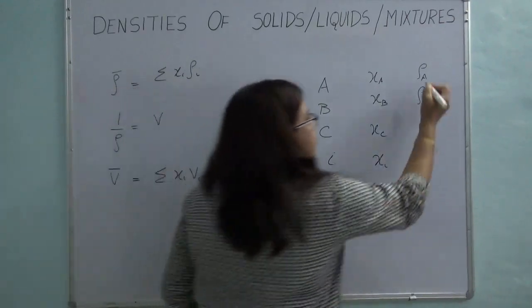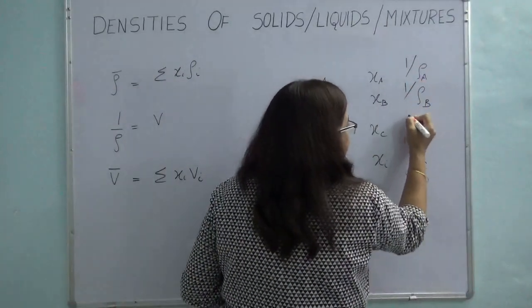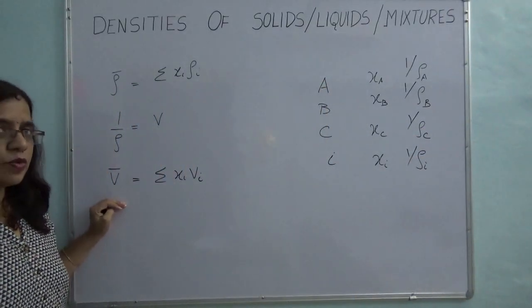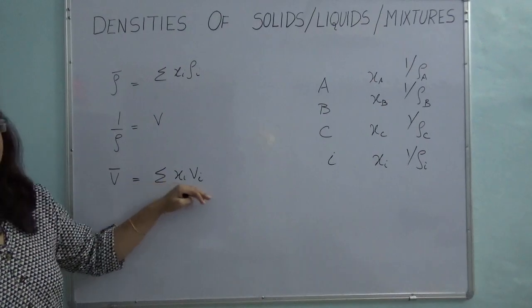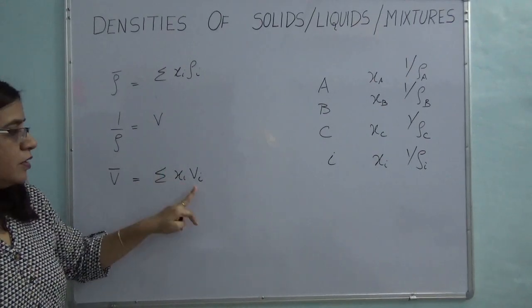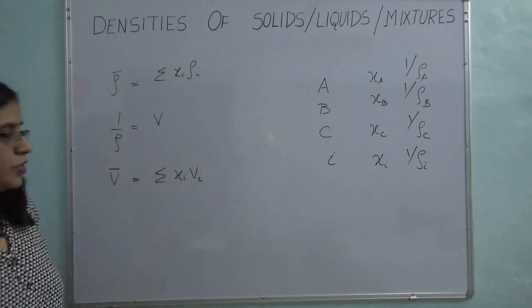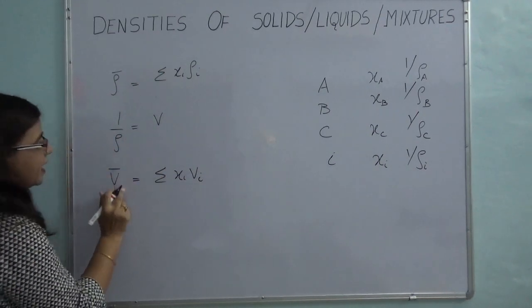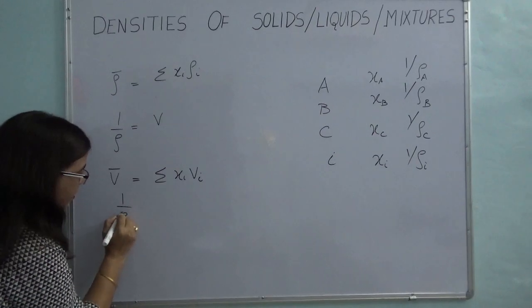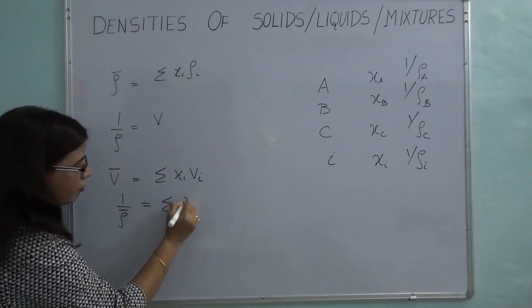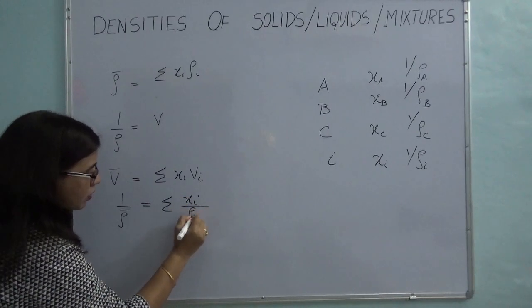That is the inverse of densities. So my second equation is the weighted average of the specific volumes, which is the volume per kg of whatever the component. Now if I write this in terms of densities, it becomes 1 upon average density equal to the summation of xi upon rho i.